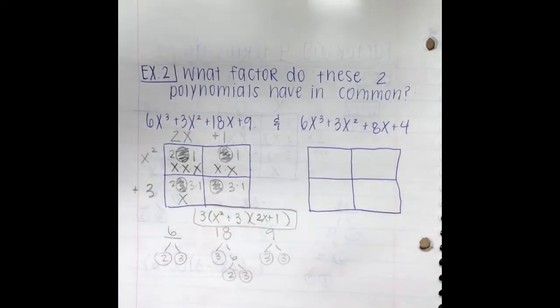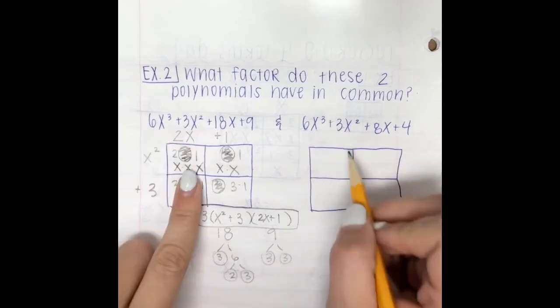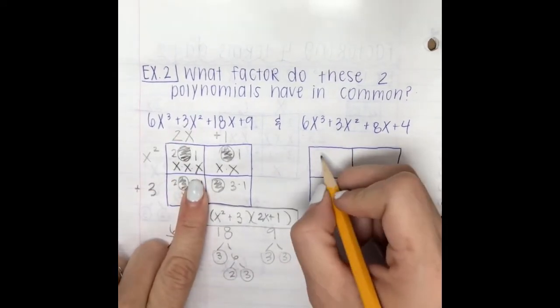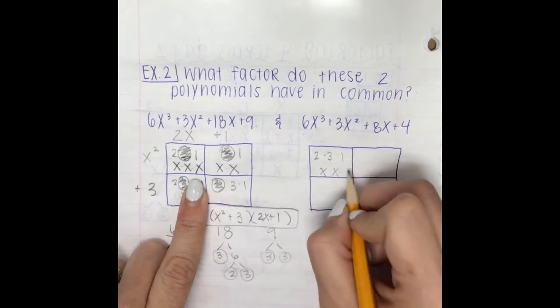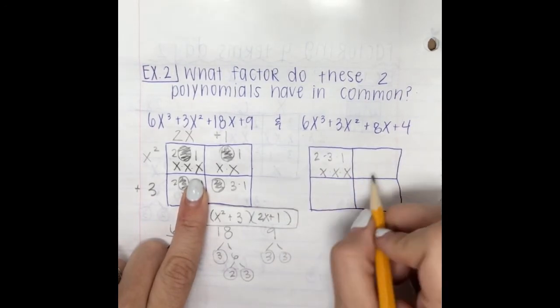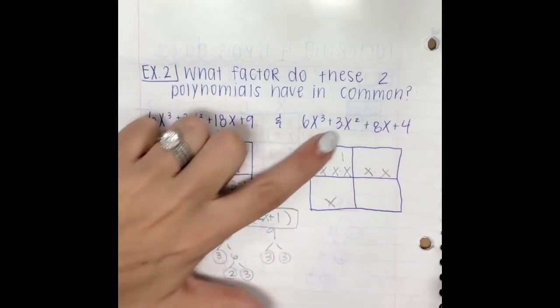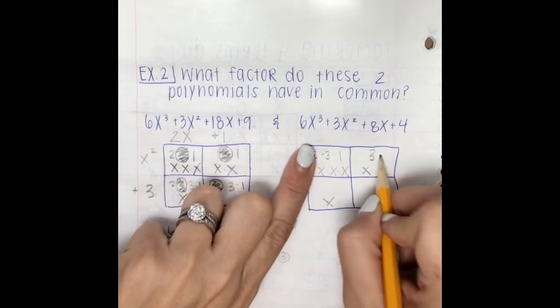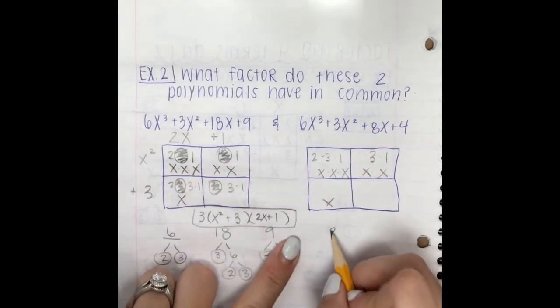And then we're gonna do this next box, okay? So these terms happen to be the same, so I know it's gonna break down the same, right? 2 times 3 times 1, and then x times x times x. Here I know I'm gonna have 2x is 1x. 3 is prime, so it's still just 3 times 1. We can break down our 8 though.